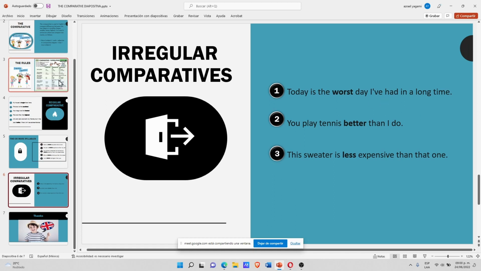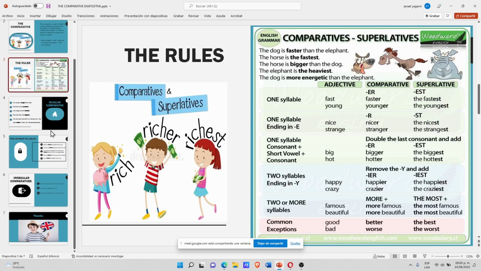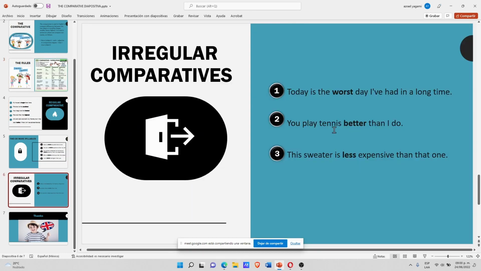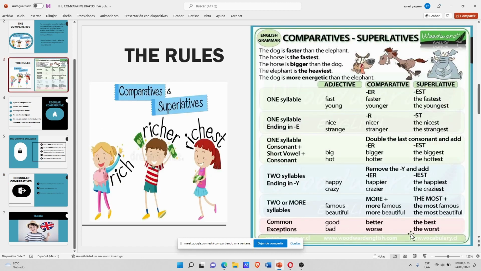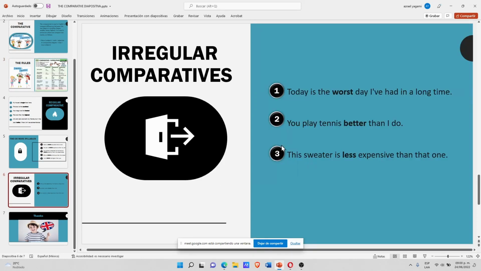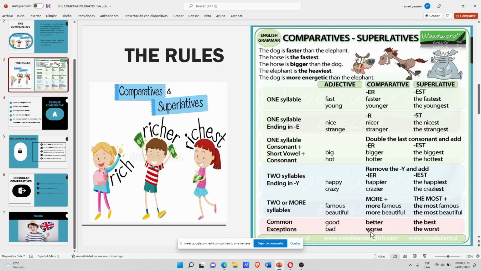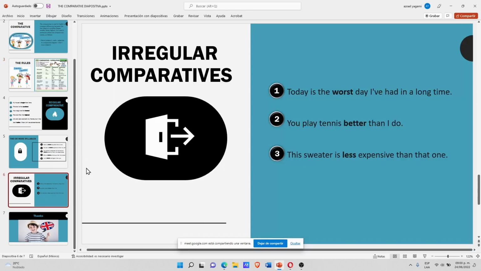Yeah, the better. And finally, when we use better and transform to the superlative, better becomes the best. You play tennis better than I do. When we use the superlative, you play tennis the best. Correct. And the other one is: this sweater is less expensive than that one.